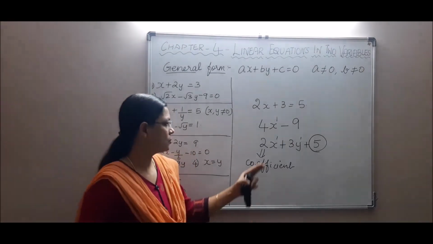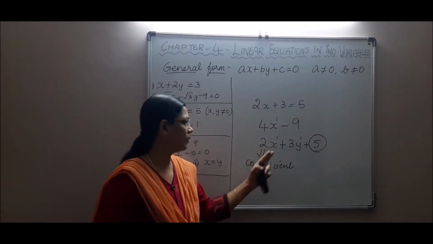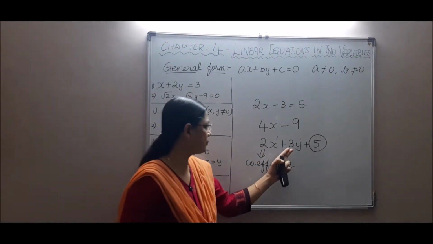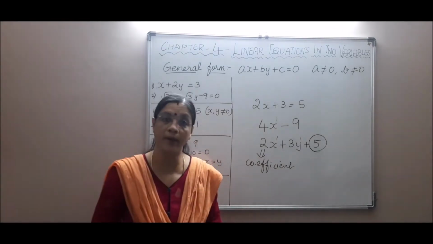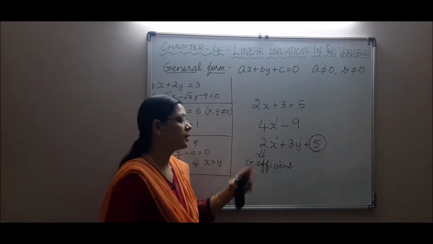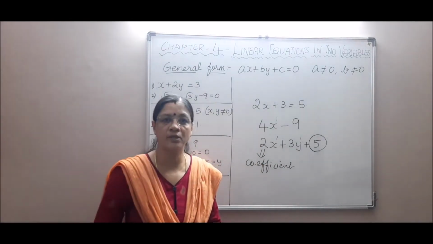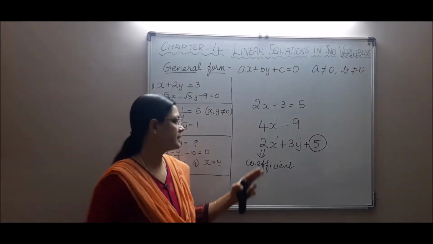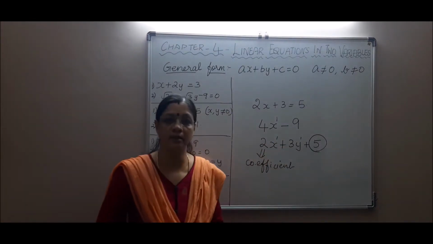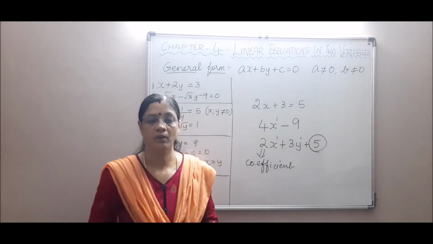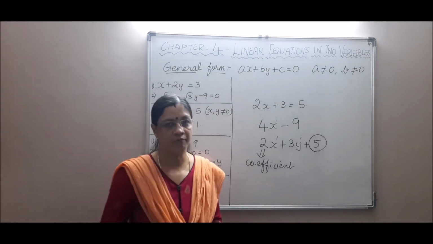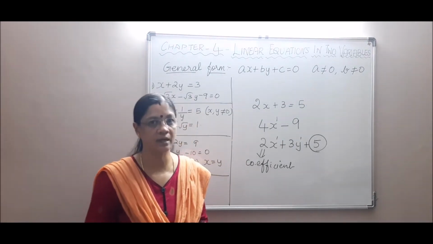Do you understand? So 2 is the coefficient of x and 3 is coefficient of y, but do remember it comes along with the sign. The coefficient has to be stated along with the sign. Since we have positive numbers here, we say just 2 and 3.